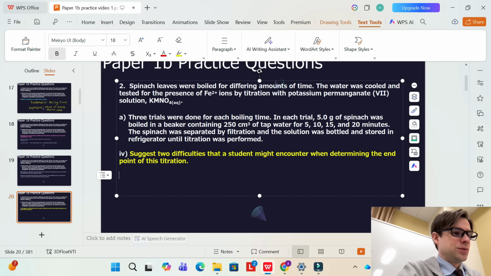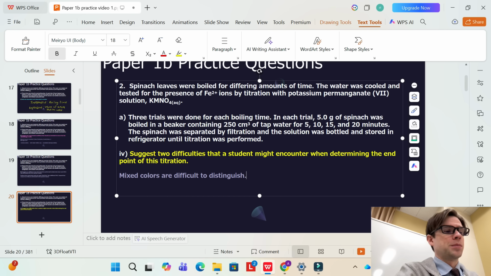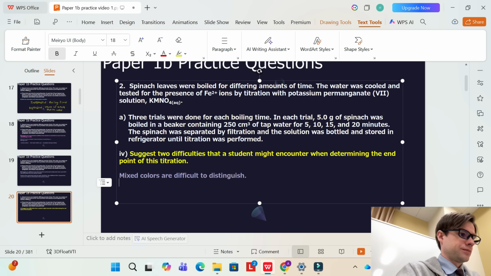So when it is boiled, all those pigments enter the water. So its mixed colors are difficult to distinguish. You're looking for a kind of endpoint where the permanganate disappears and becomes either colorless or pale yellow, but it's going to be mixed with green brown from spinach. So it's difficult to identify. What else?